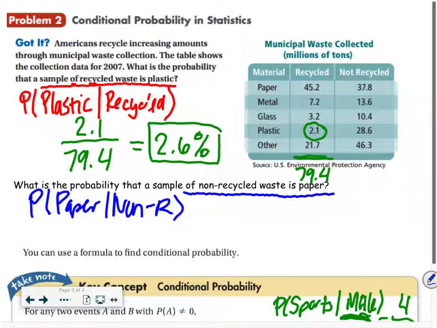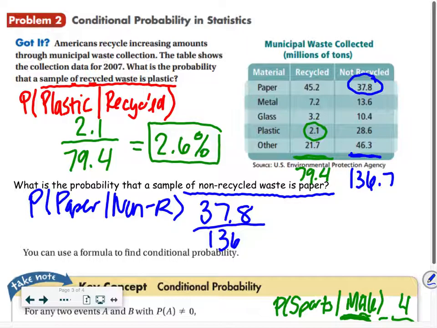It would have to be paper and non-recycled. So we're at 37.8. What goes on my bottom? All the non-recycled materials. So I total them, and that would be 136.7. Are you sure? Yes, I'll double check. Yep, that's right.